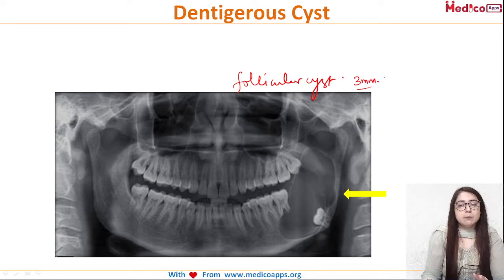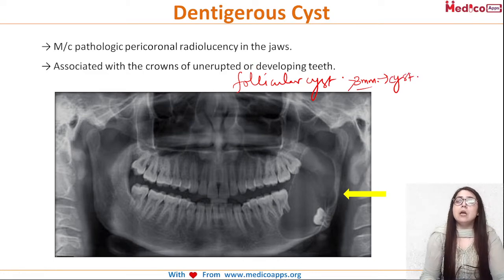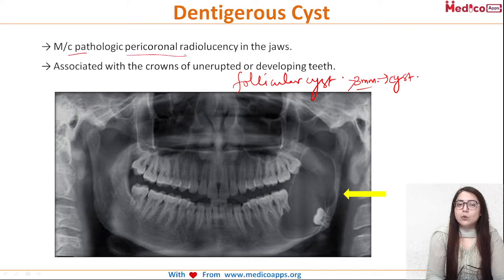If it is extending more than this, then it is said to be a cyst. Dentigerous cyst is the most common pathologic pericoronal radiolucency of the jaw. I hope the terms radiolucency and radiopaque are clear to you, but radiolucency means black and radiopaque means white. This is for the UG students, in case you don't know.